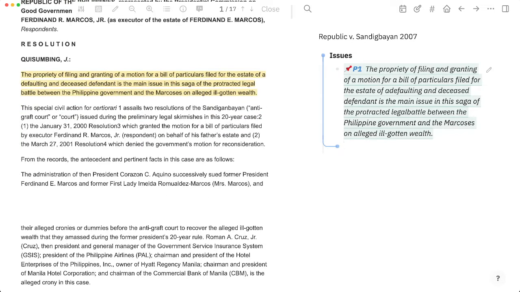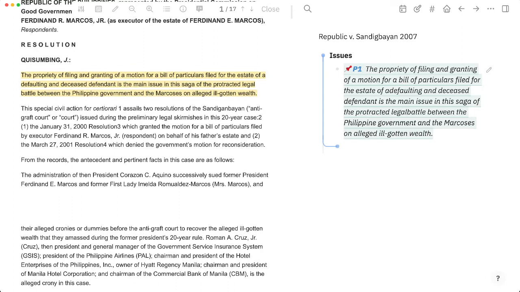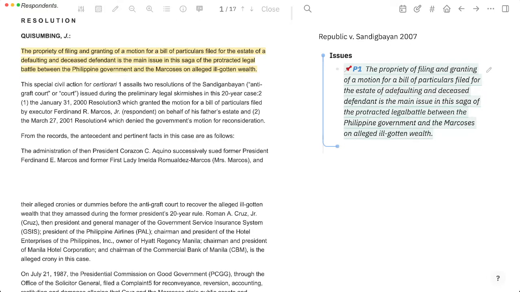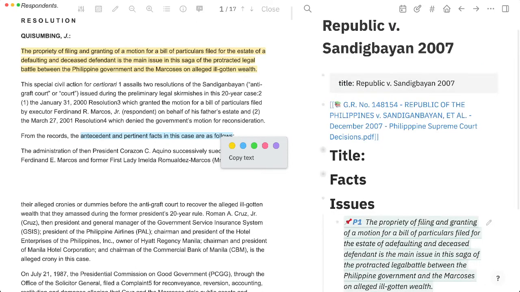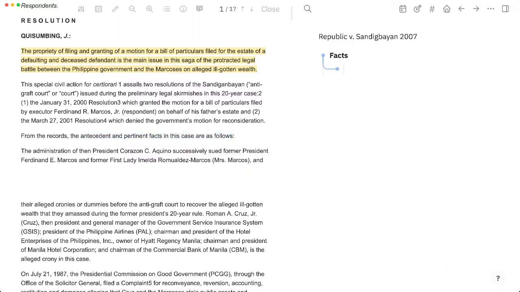Okay, so ito na yung facts, antecedent and pertinent facts in this case. The antecedent and the pertinent facts. So balik tayo doon sa facts. Ito. So mahaba-haba to.